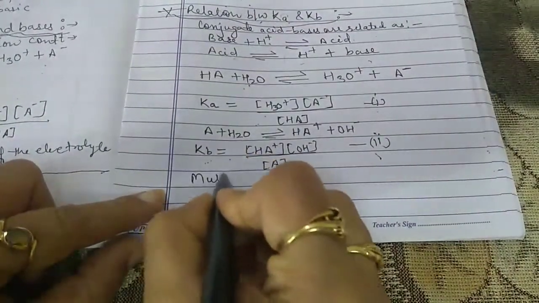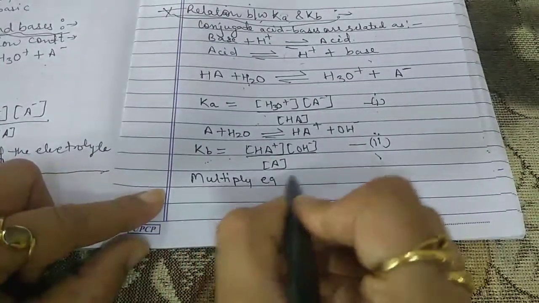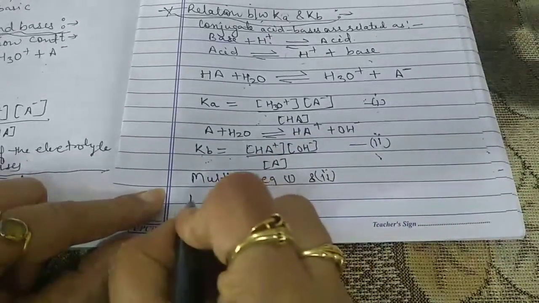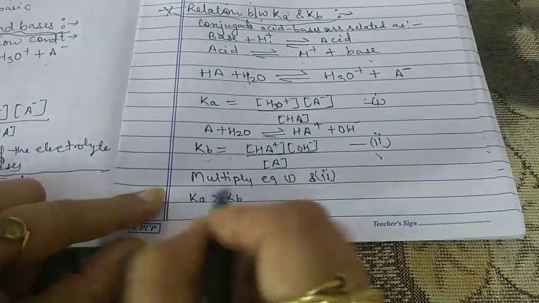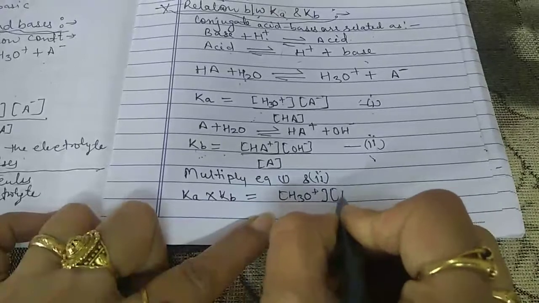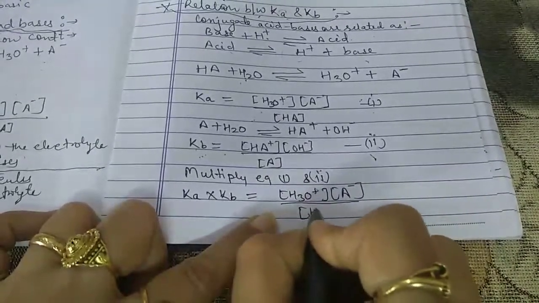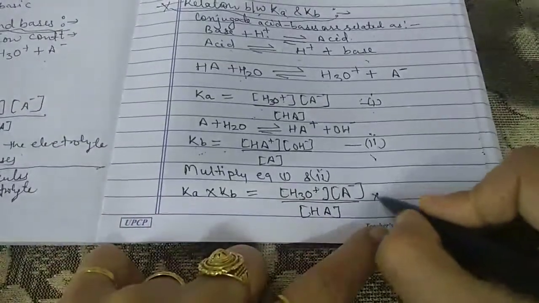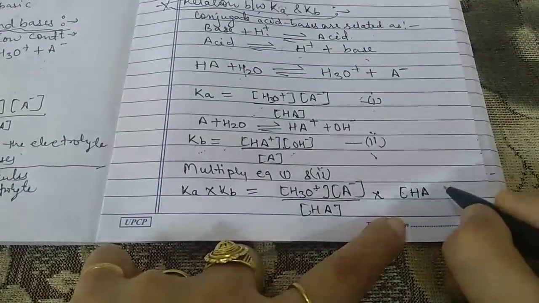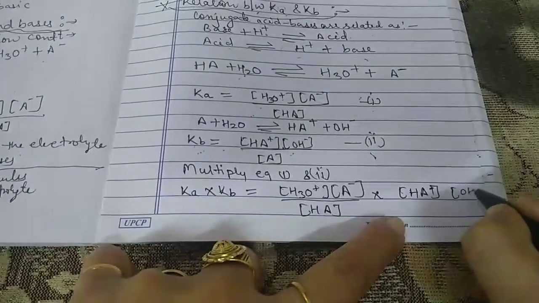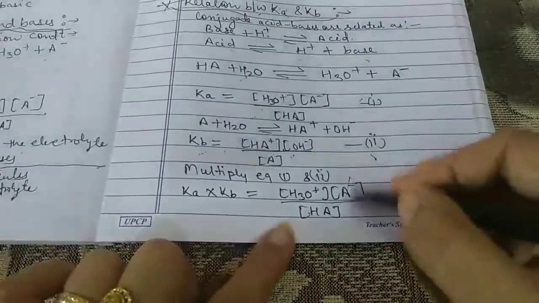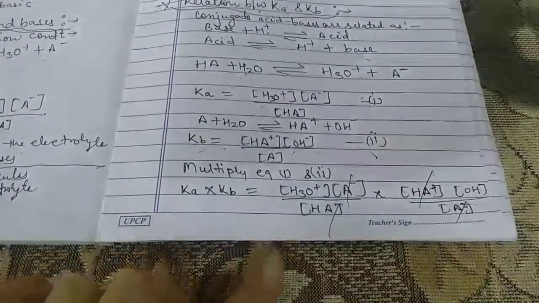Now multiply equation 1 and 2. If we multiply them, Ka multiplied by Kb is equal to H3O plus times A minus over HA, multiplied by the value of Kb, that is HA times OH minus over A. Now this cancels with this one and this cancels with this one.